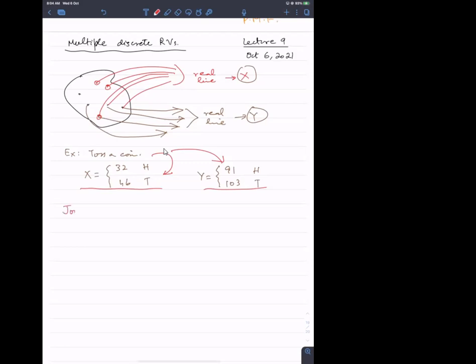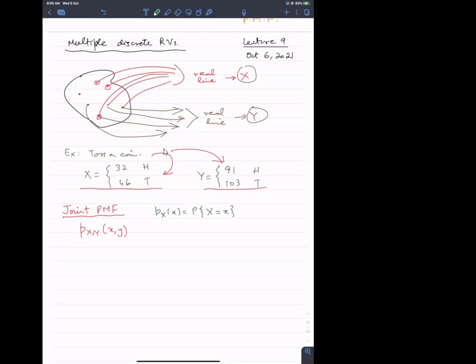So joint probability mass function, joint PMF. The notation that we use is P_{X,Y}, for two random variables x and y. Their joint PMF is given by, first we recall, for a single random variable, P_X(x) was equal to the probability that random variable X takes the value small x.